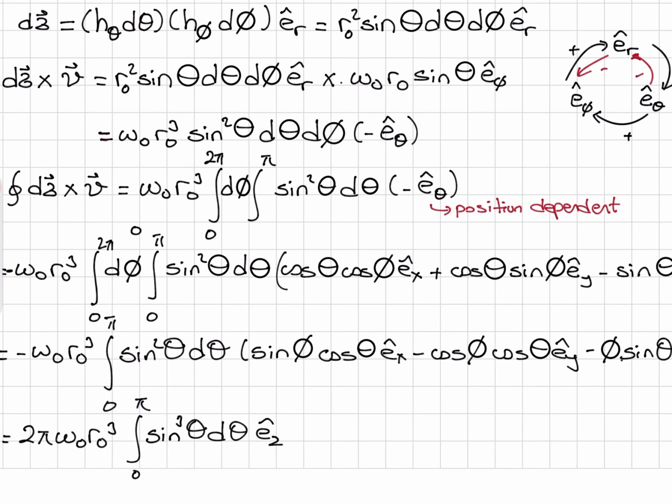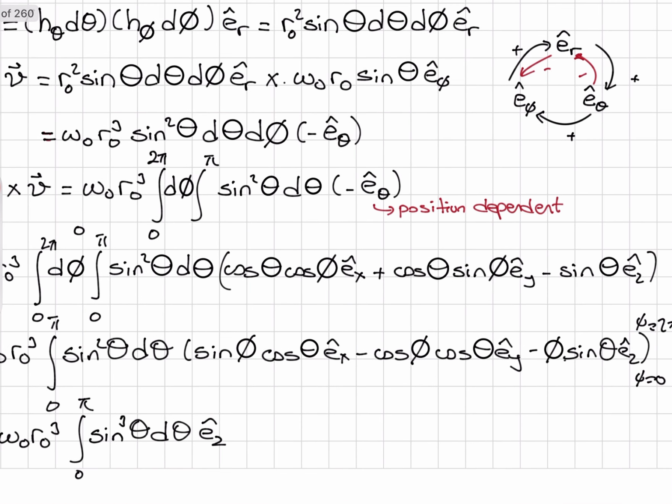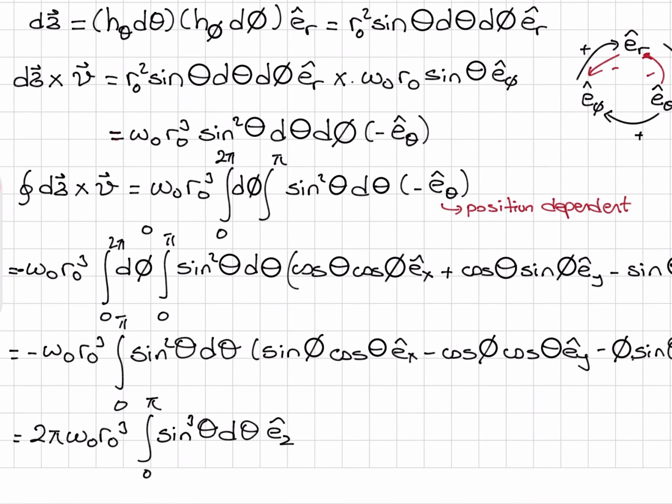If I perform the phi integral first, for cosine theta cosine phi, the integral is sine phi cosine theta. For cosine theta sine phi, it's minus cosine phi cosine theta. For minus sine theta ez hat, it's minus phi sine theta ez hat. Evaluated between 0 and 2 pi, which only has a non-zero term for the last part, the ez hat part, that gives us a factor of minus 2 pi.